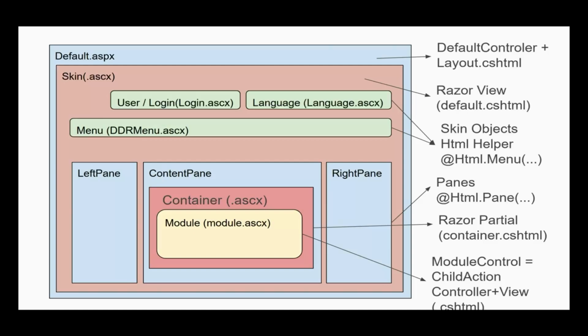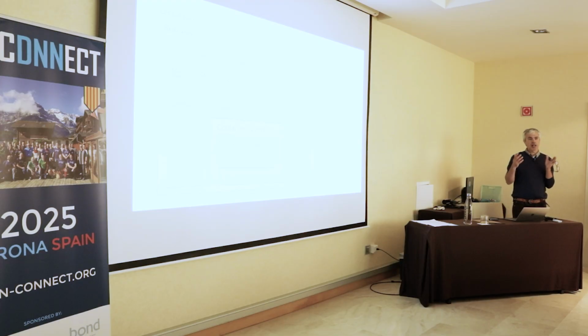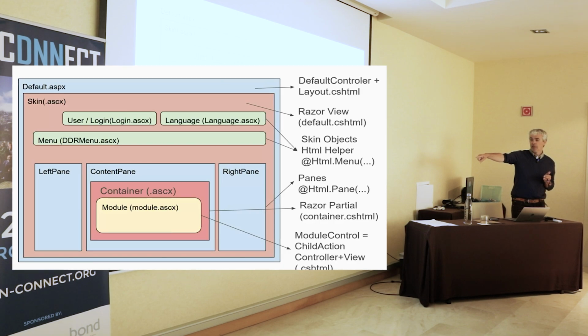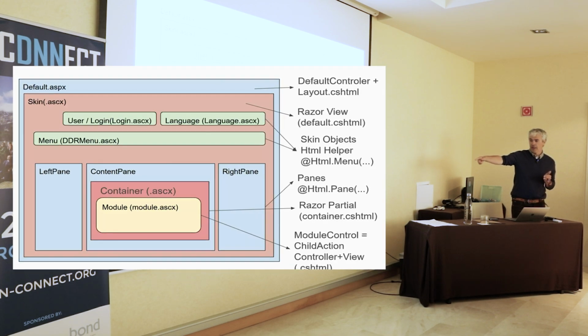And all your modules need to be converted to child action controllers. It's a special kind of controller in MVC5. It's like a child controller that can be rendered in a main controller that contains a controller and a view. So a controller and a razor file.